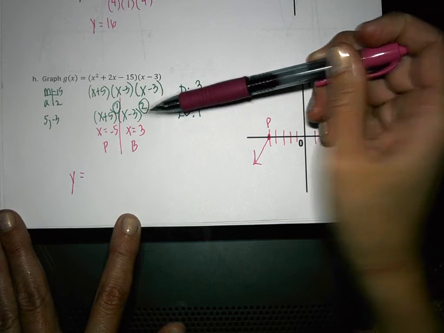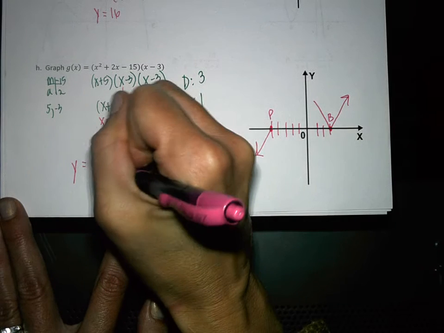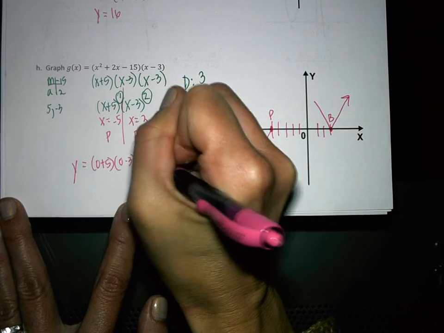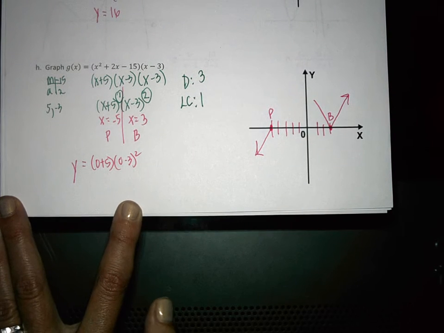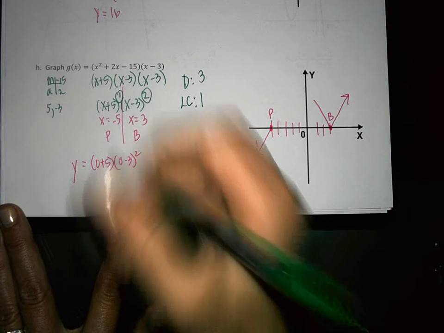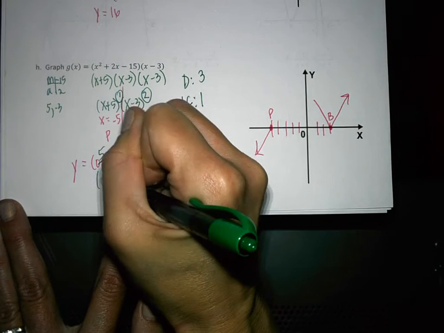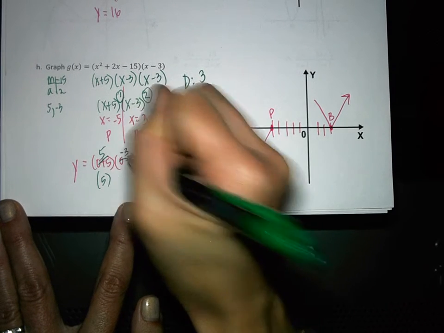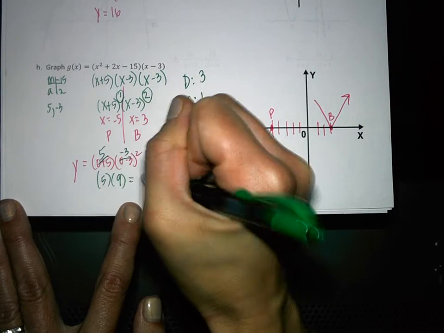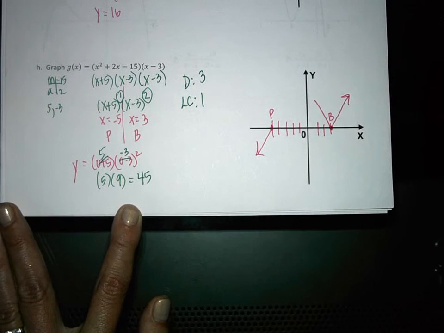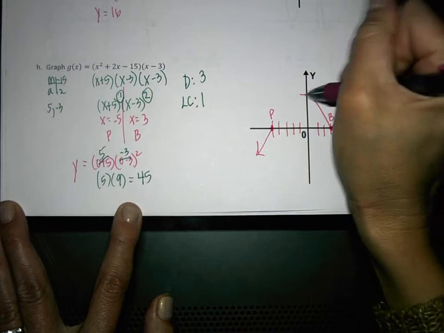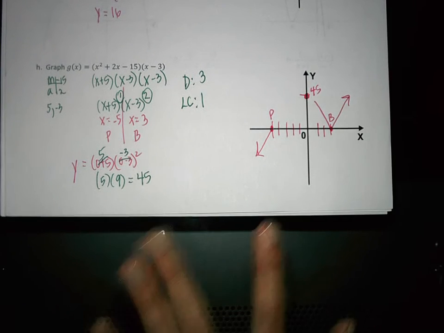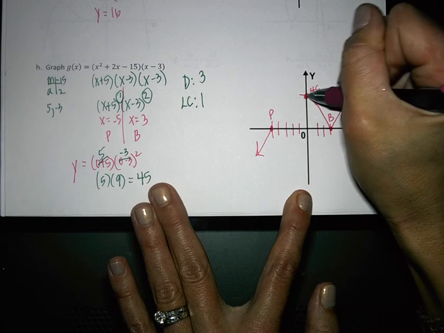So we go y equals 0 plus 5 times 0 minus 3 squared. 0 plus 5 is 5. 0 minus 3 is negative 3, and negative 3 squared is 9, and you multiply and you get 45. So on the y-axis, there's a point, it's at 45. And then you can finish by touching here and passing through.